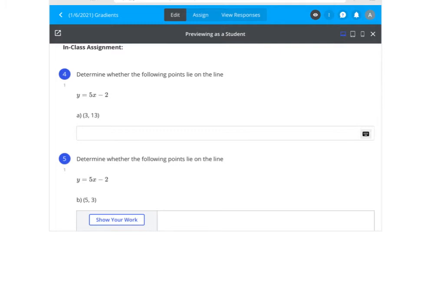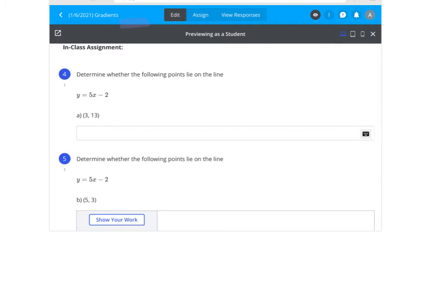The point that we're given is 3 and 13. This is question part A, so I divided the questions into parts so that we can put in our answers individually. But anyways, we have the line y is equal to 5x minus 2, and we're given the point 3 and 13, right? So how do we figure out whether that point lies on the line?